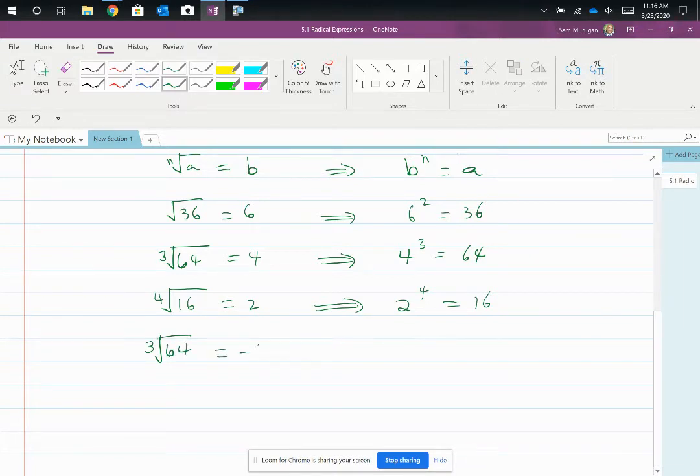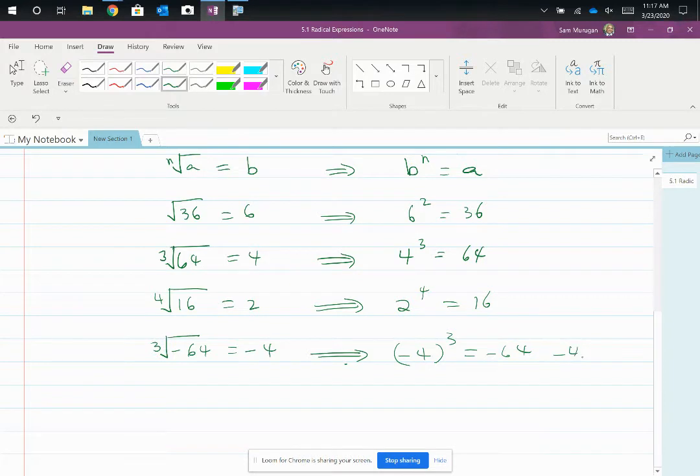The third root of negative 64 is equal to negative 4, because negative 4 to the third power is equal to negative 64, right?